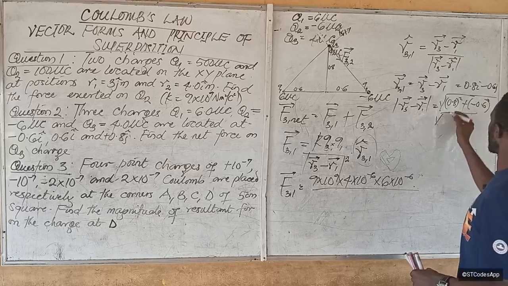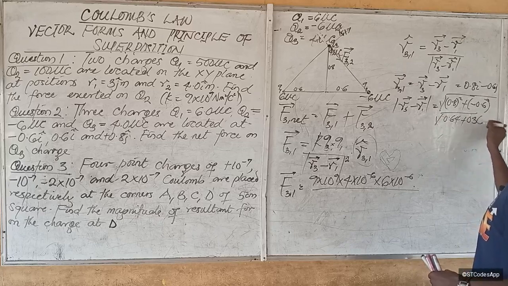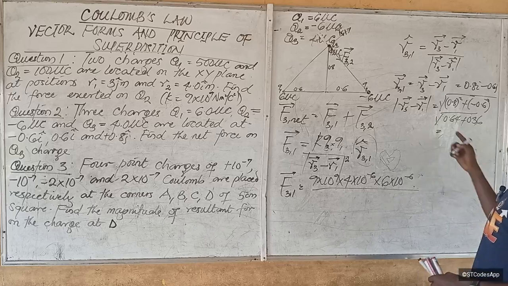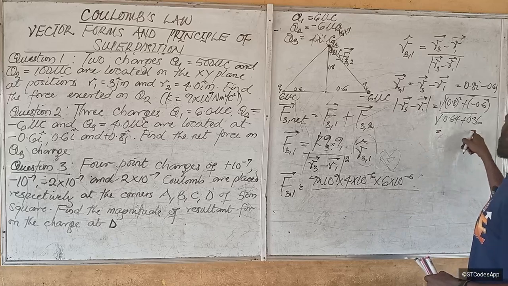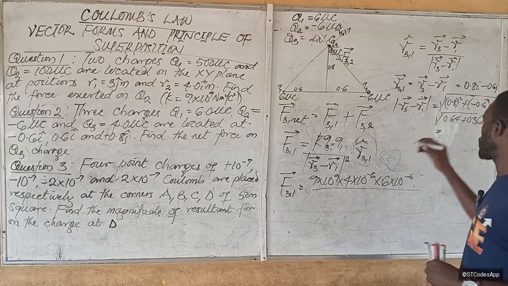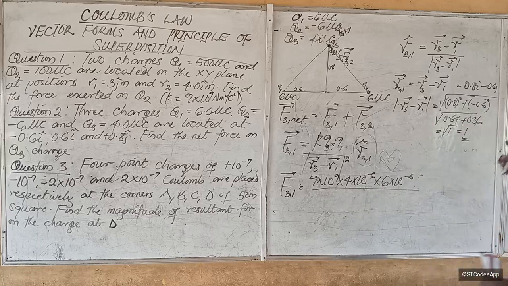So the square of this guy will give us 0.64 plus 0.36. That is 1. So the square root of 1 equals 1.